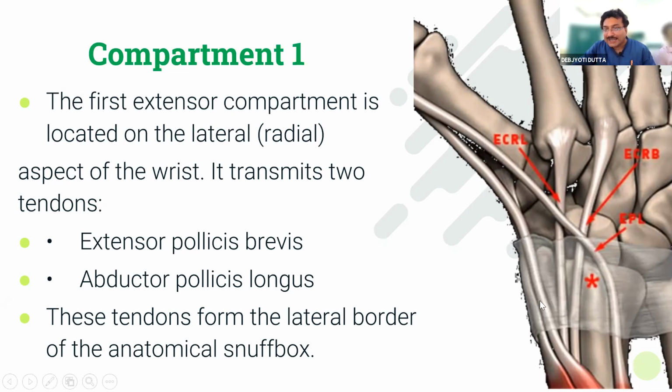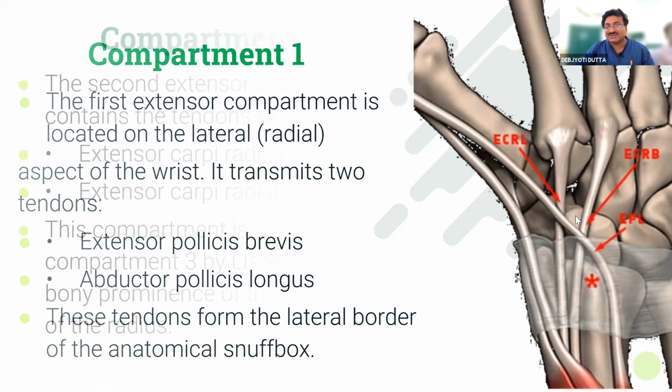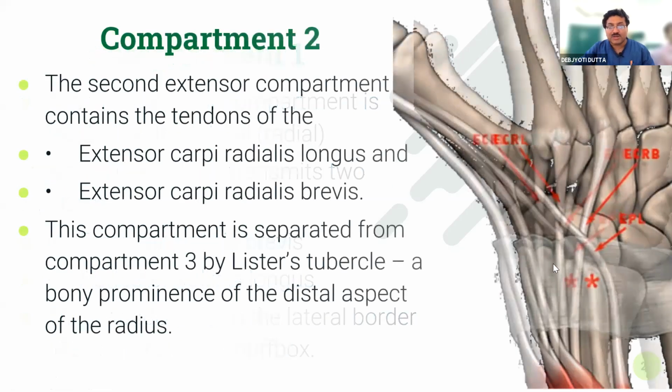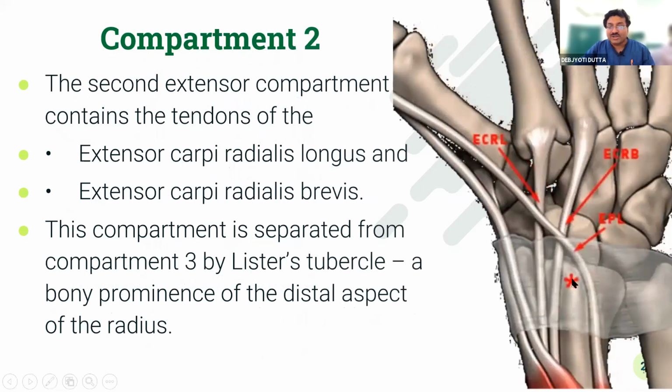Here they form the compartments, and these two muscles are within the first compartment. Then in the second compartment lie extensor carpi radialis longus and extensor carpi radialis brevis. Then we will be able to see Lister's tubercle, a prominence in the distal aspect of the radius.